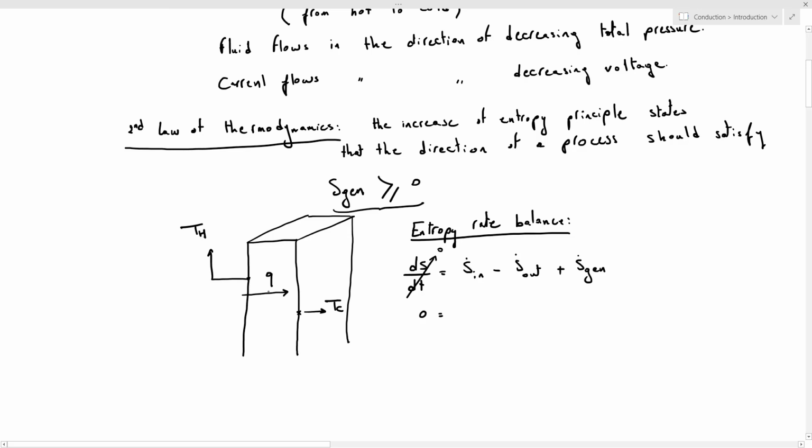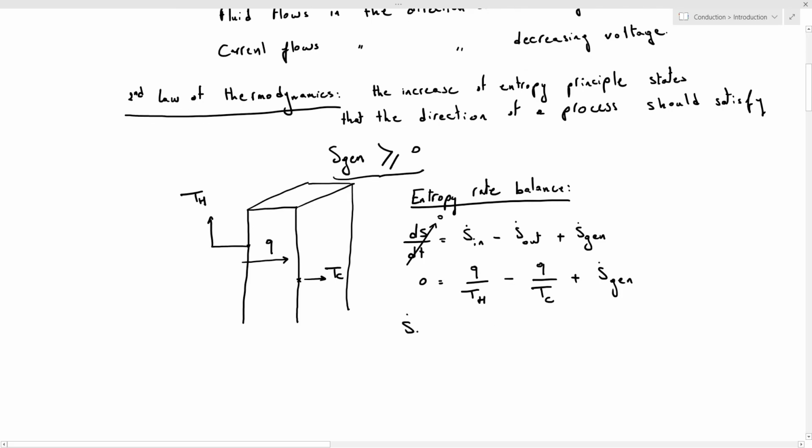We have heat transfer to the system, which includes an entropy transfer. Entropy is transferred either by mass or by heat, so here the entropy transfer in is Q over T hot, since the heat is transferred at the side where the temperature is T hot. The entropy transfer out is Q over T cold, plus the rate of entropy generation.